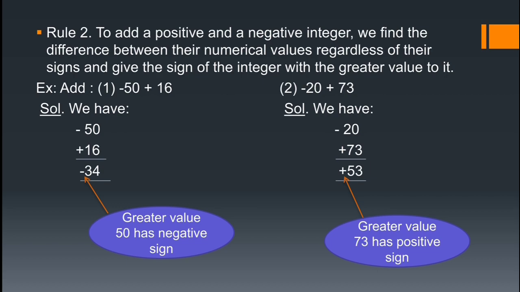We subtract the smaller value from the larger value, and that outcome will have the same sign as the sign of the greater value. It will be clear from the above examples.